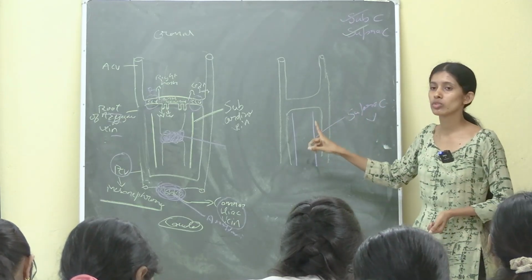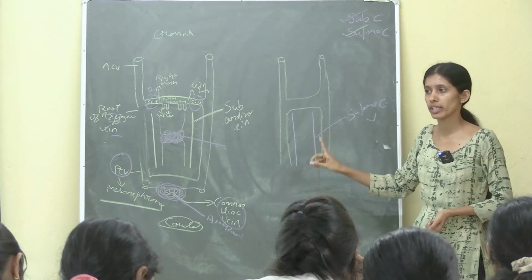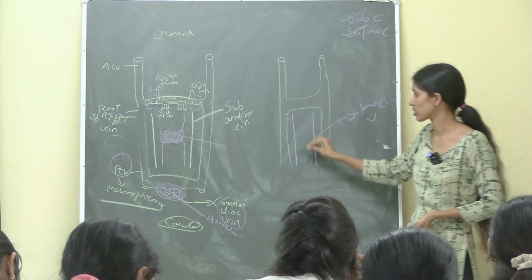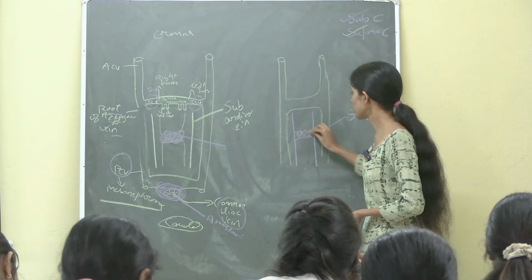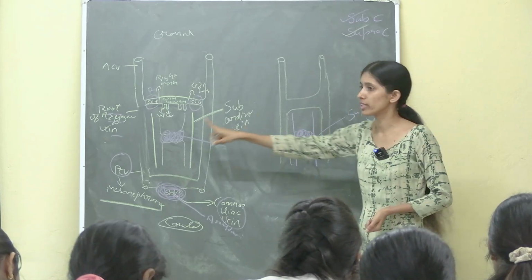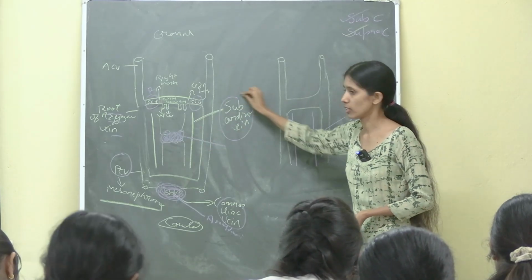Again, your supracardinal vein should also get anastomosed within this structure itself. So now it is getting anastomosed but over the subcardinal anastomosis.